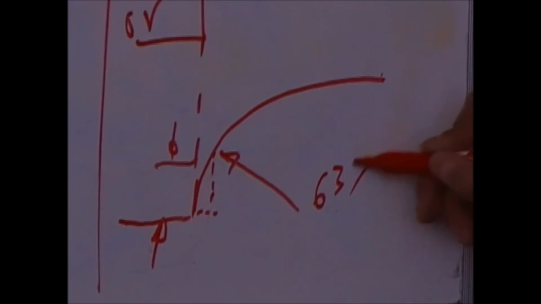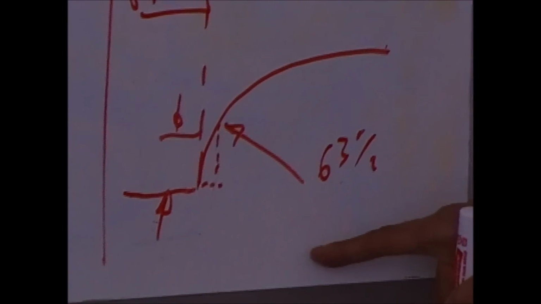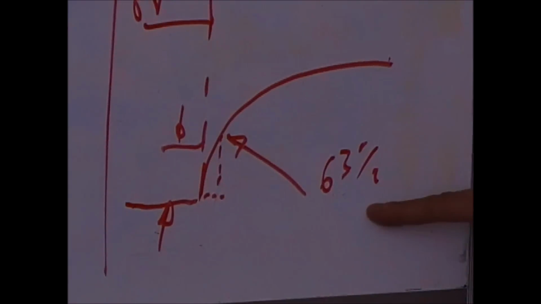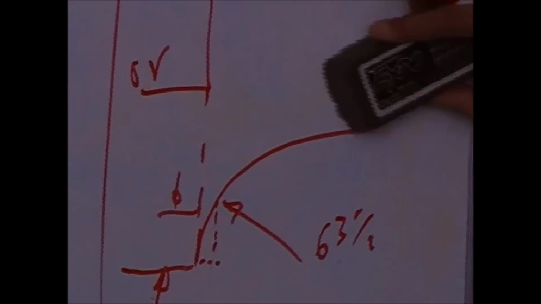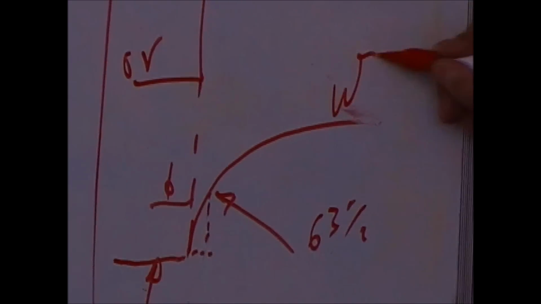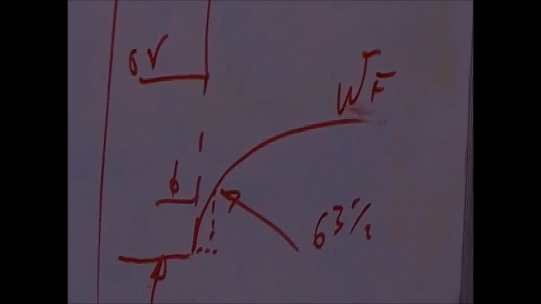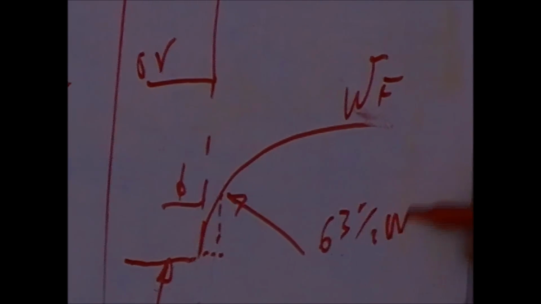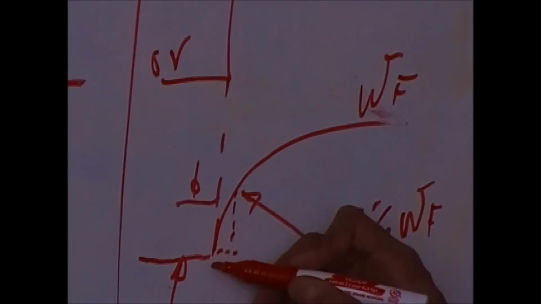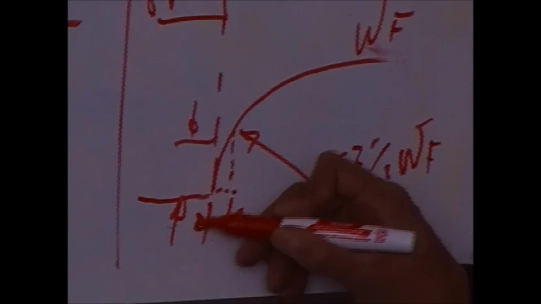This value here is 63%. If we choose this value to be 63% of the final speed, which I'm going to call WF, then this time here is tau mac.